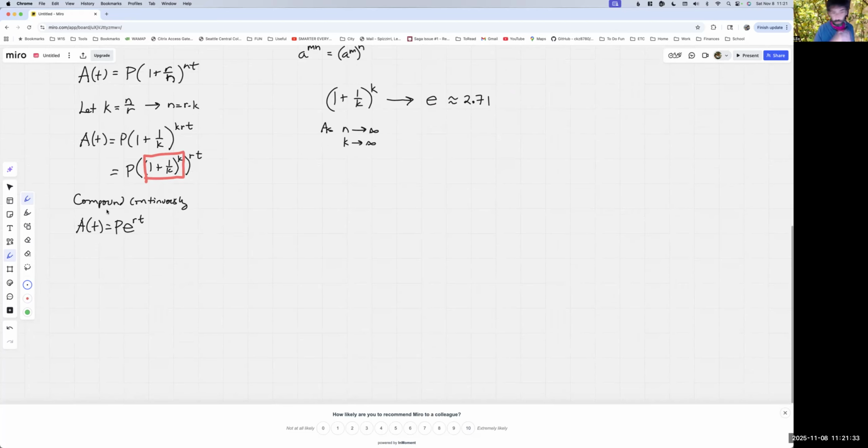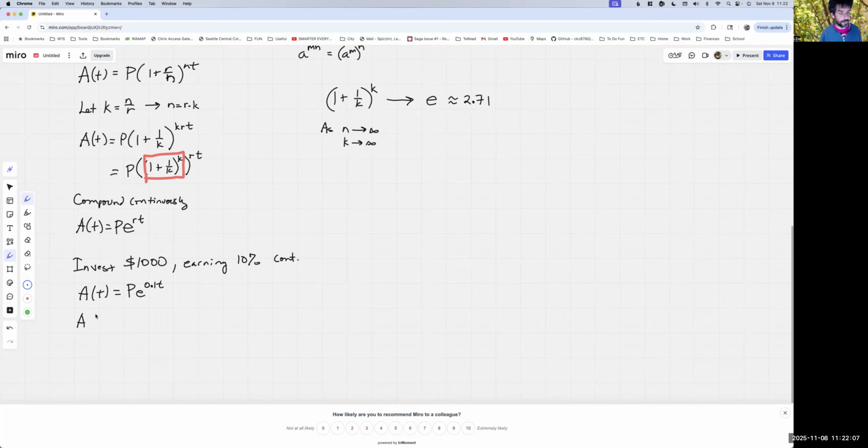So for example, if we invest $1,000 earning 10% continuously, compounded continuously, then the amount we would have after t years is given by P e to the 0.1, there's our 10%, t.